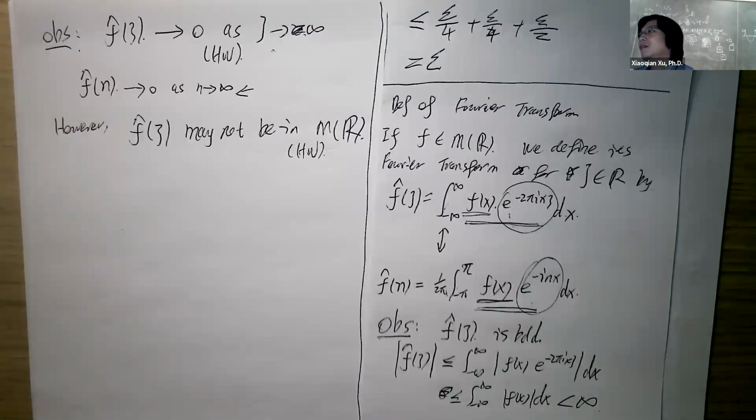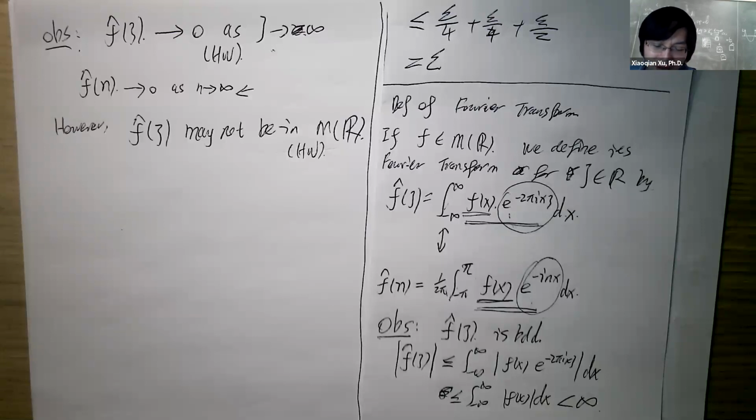But this also gives us some problems when we try to think about this kind of function. Because if you take the Fourier transform of a function that is moderate decrease, the Fourier transform may not be moderate decrease.